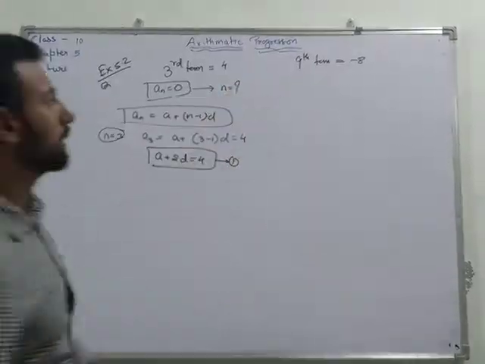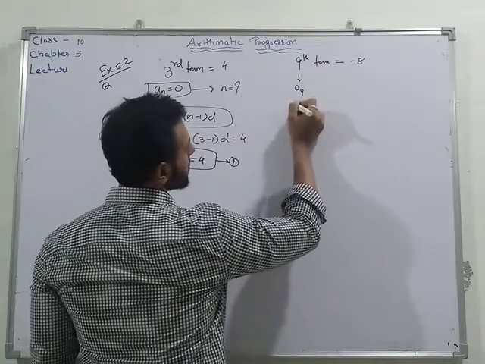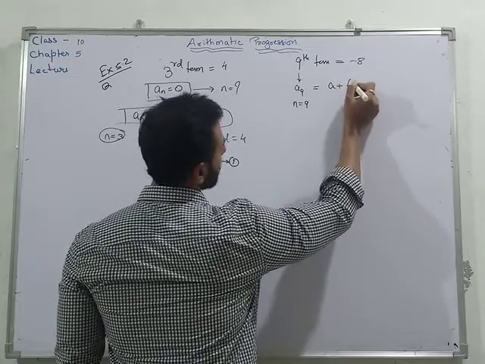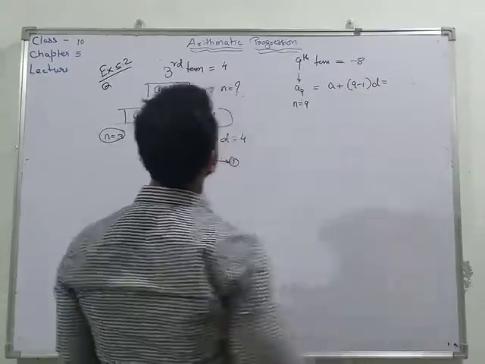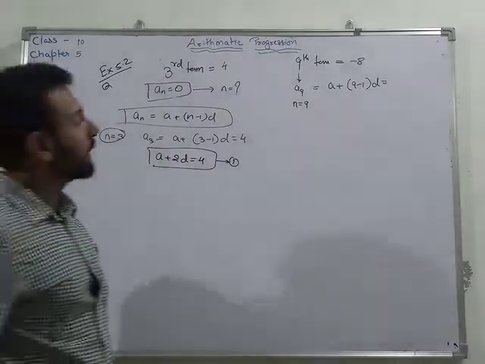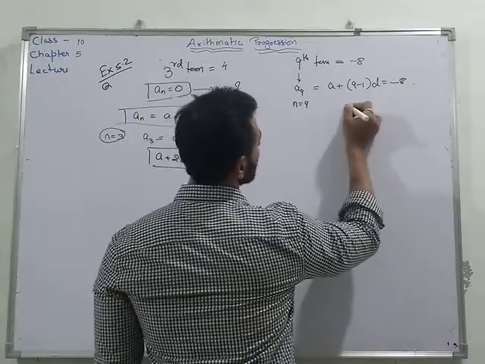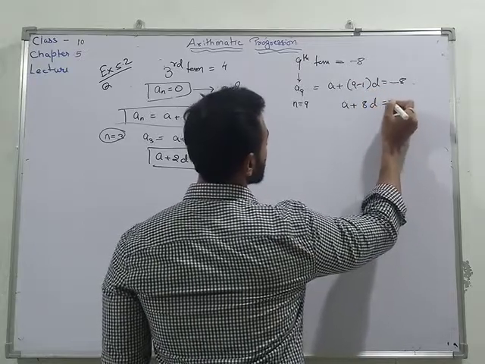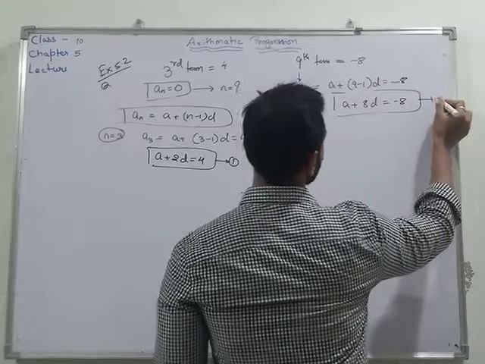Now writing for the ninth term. Here it will be A9, means n is equal to 9. A plus 9 minus 1, that is 8, into D is equal to minus 8. This is equation number 2.